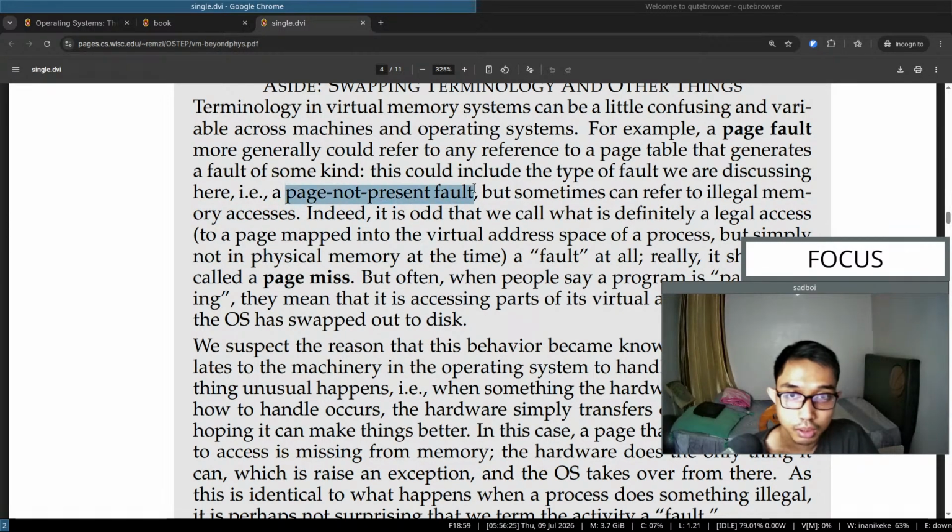And that makes me curious, what is the difference here? How do we determine the page is valid but not present in the memory?